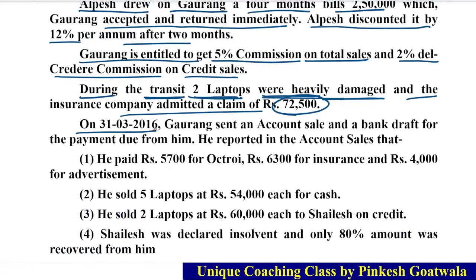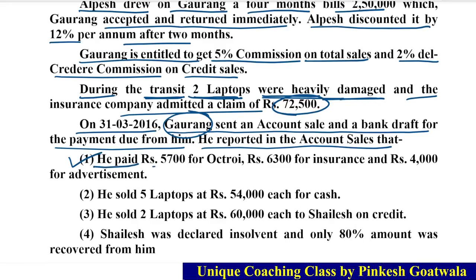Okay, now the next. On 31st March 16, Gaurang sent an account sale and bank draft for the payment due from him. He reported in the account sales that he paid. He means now Gaurang. Now whatever comes will be Gaurang's, because he is sending the account sale, the expenses he has done, the sales he has made, and other information.